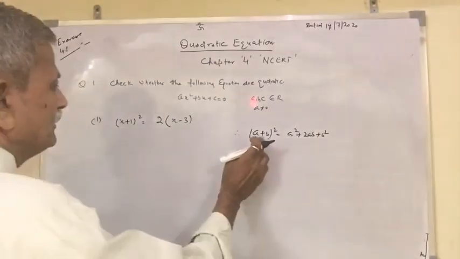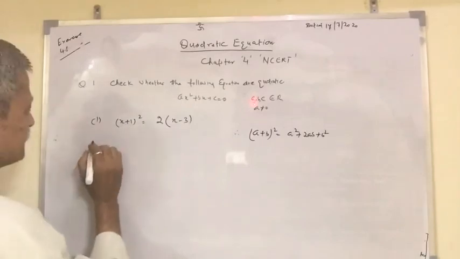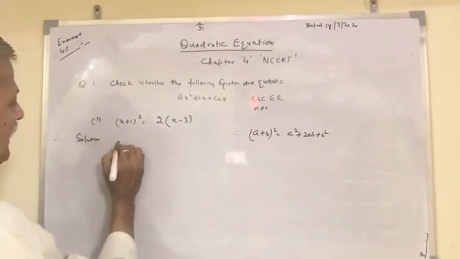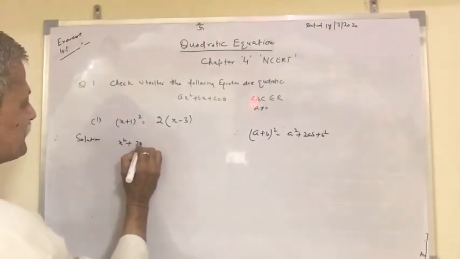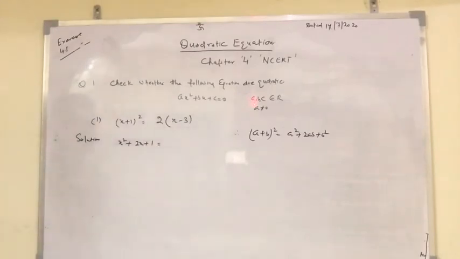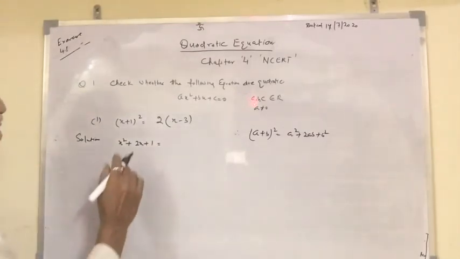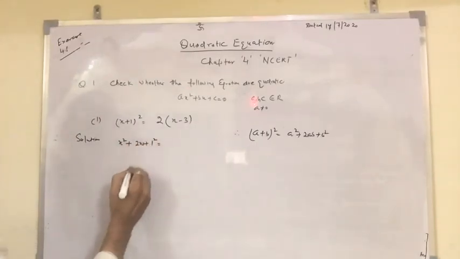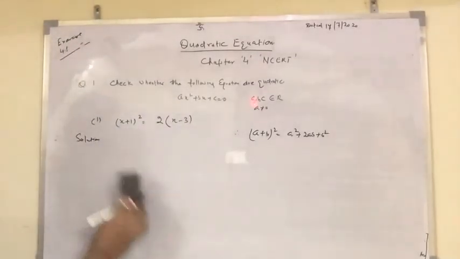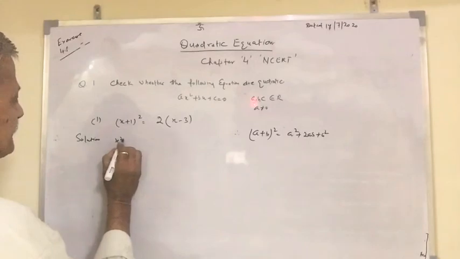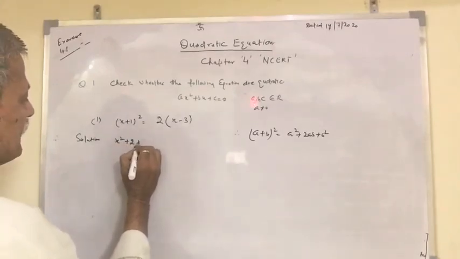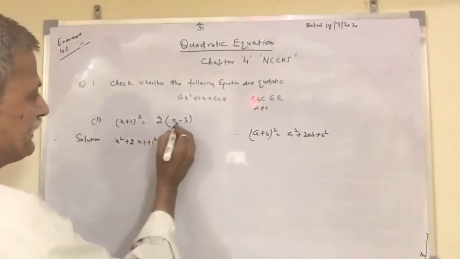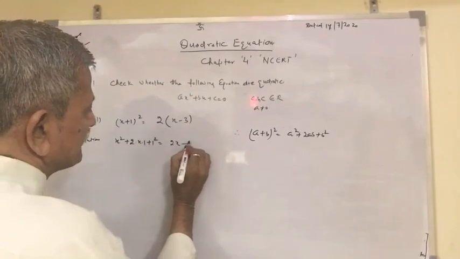So by this way, you open this bracket and you get x square plus 2 into x into 1 plus 1 square, which is x square plus 2x plus 1. And you multiply 2 with this, so 2x minus 6.